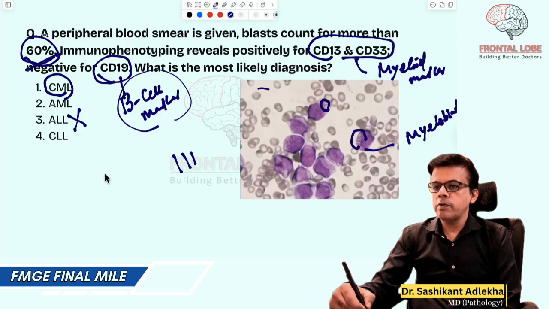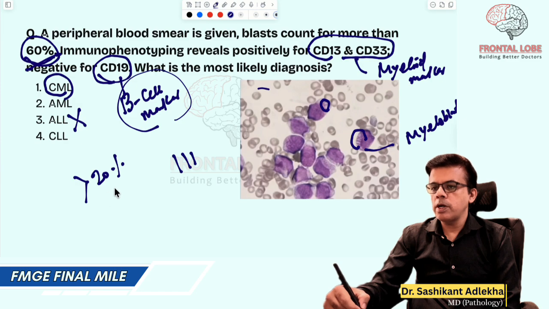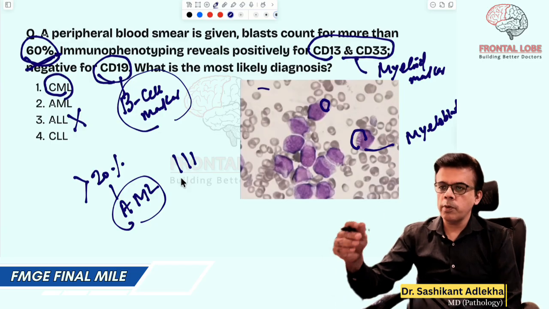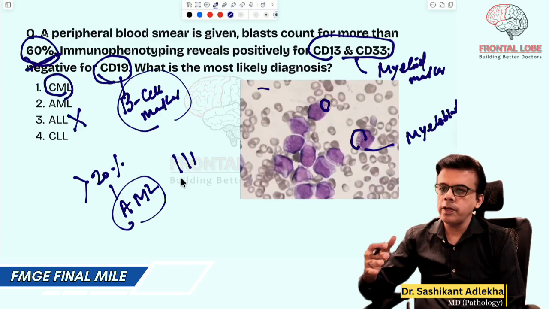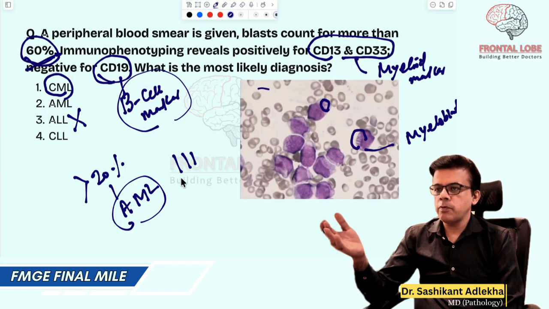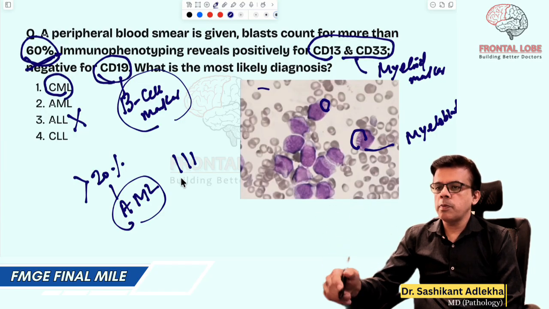As per the WHO definition, blast count more than 20% in the peripheral blood and/or bone marrow qualifies for AML. So if it is more than 20%, it should qualify for acute myeloid leukemia rather than chronic myeloid leukemia. Now chronic myeloid leukemia has different phases, like chronic phase, accelerated phase, blast phase.